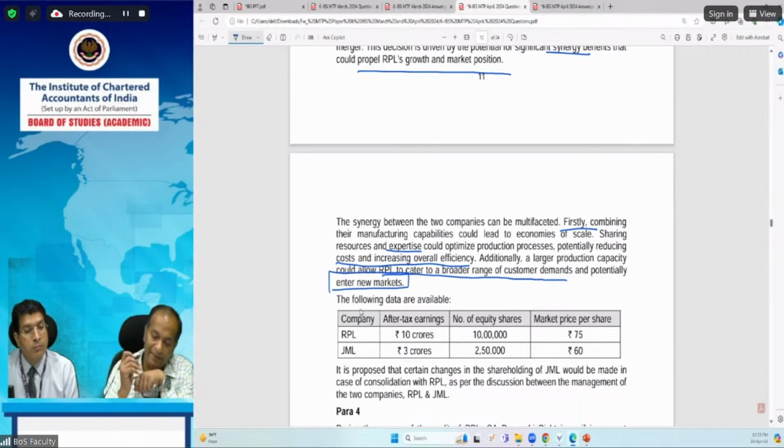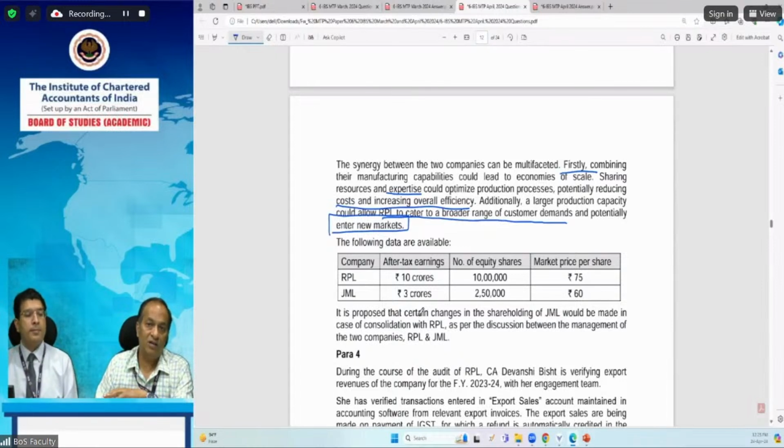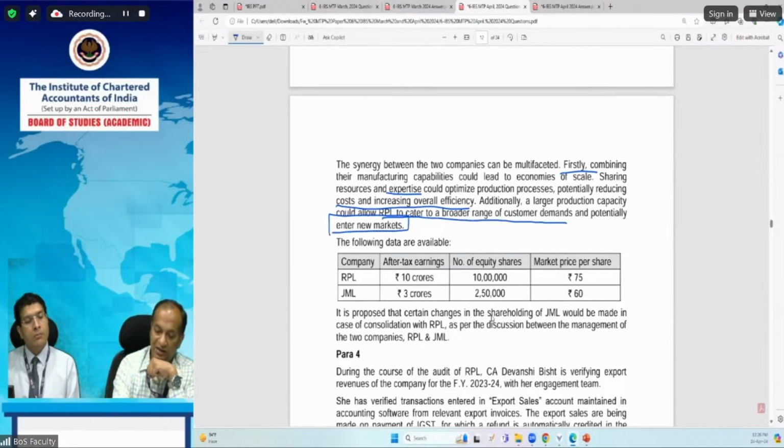When we talk about mergers and acquisitions, the shareholders of a company that is merged with another company become shareholders in the new company, or the company that is taking over. So once this has been decided, there has to be some ratio, and this data is always required.